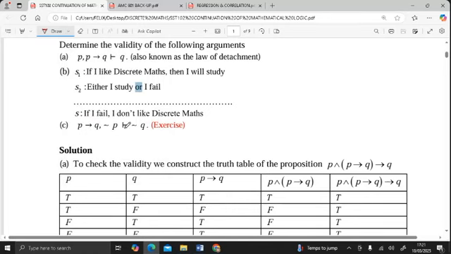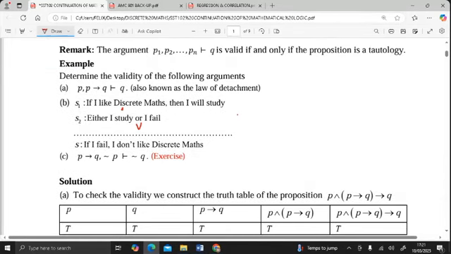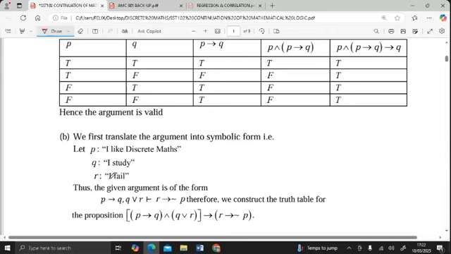Let me hope that you remember that. Or is a disjunction. How do you represent that disjunction? Remember this one is P implies Q. And then here, I study, that is Q, or I fail, R. We've called I fail R, yes, that is it.